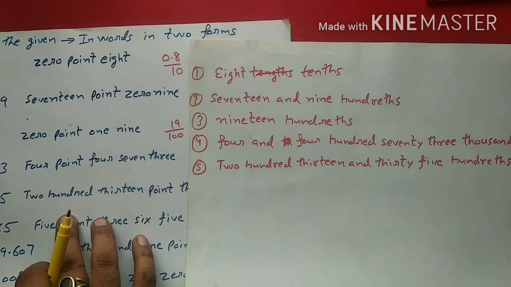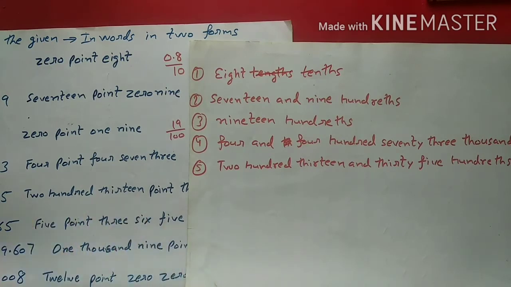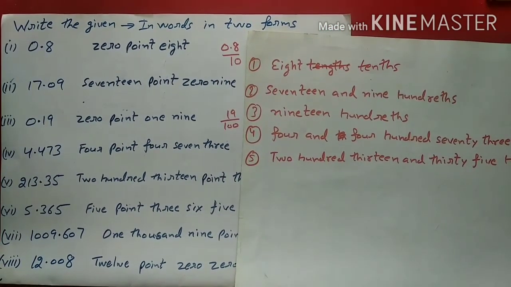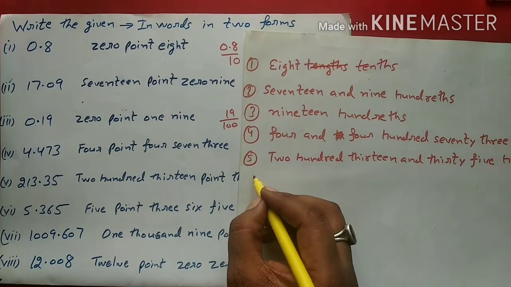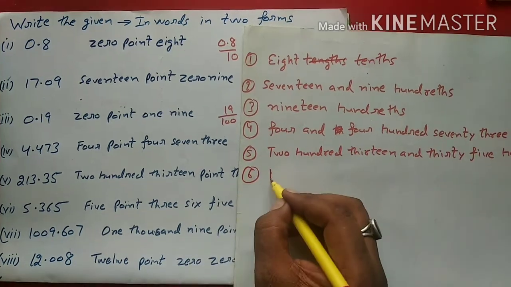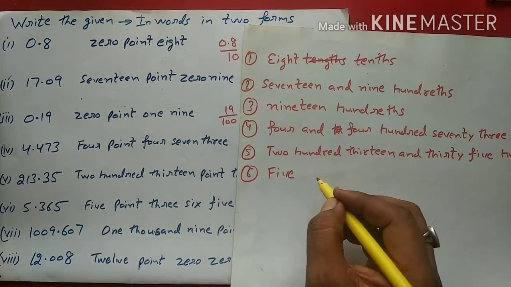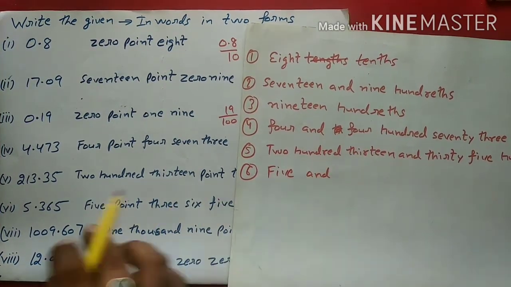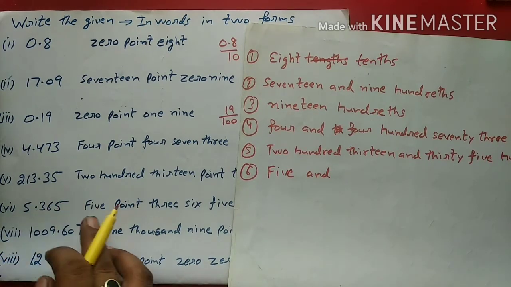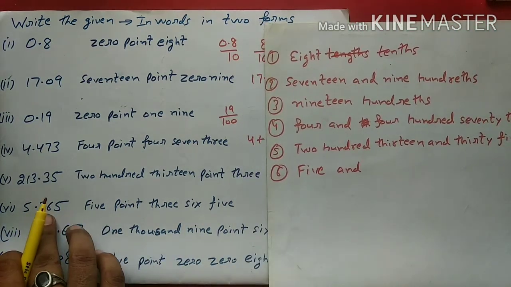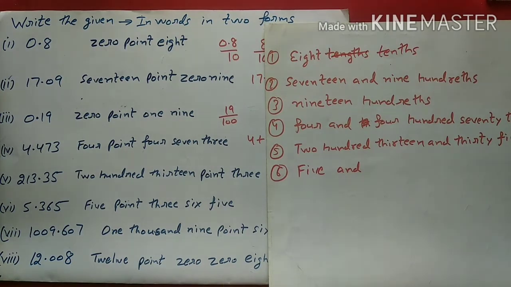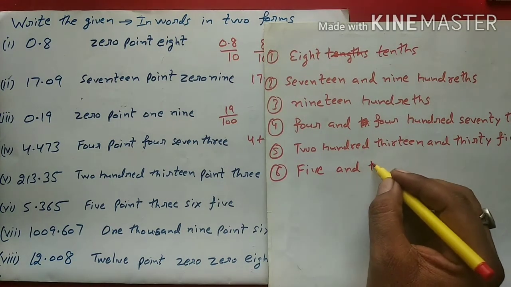And in the next one we will see 5.365. Now question 6, you will write this 5 and 365 thousandths. Okay student, because there are 3 digits and in a thousand there are 3 zeros.